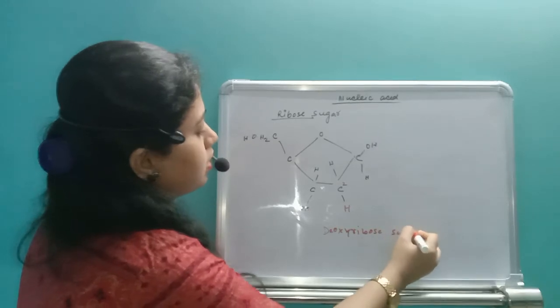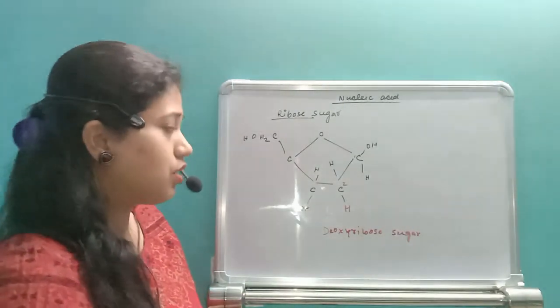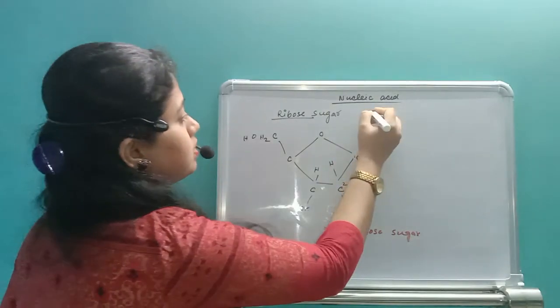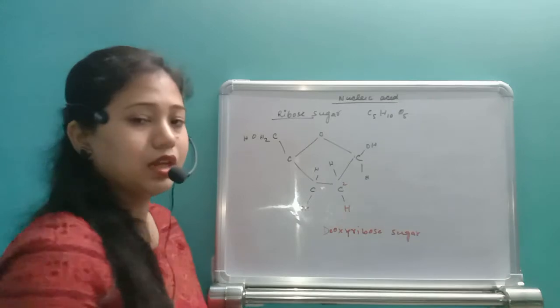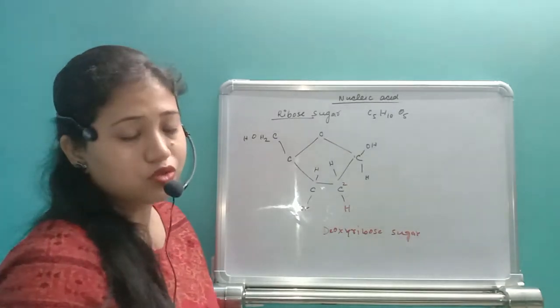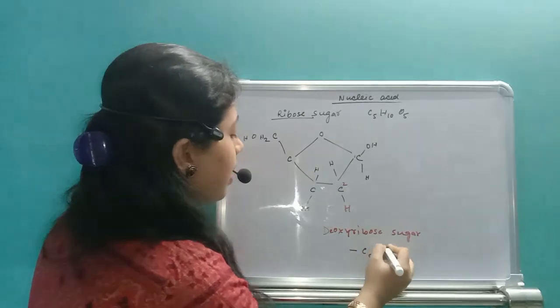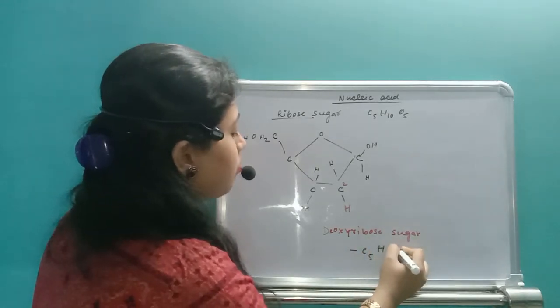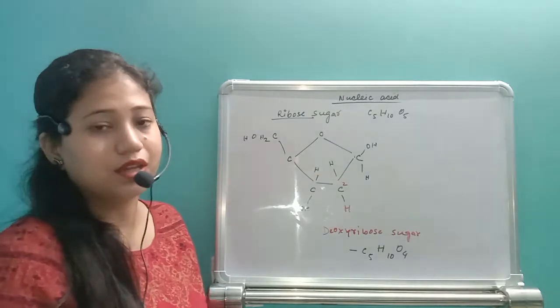So what will be the formula of ribose sugar? It is going to be C5H10O5, right? In this deoxyribose sugar, what will be the chemical formula? That will be C5H10O4. So this is a derived monosaccharide.